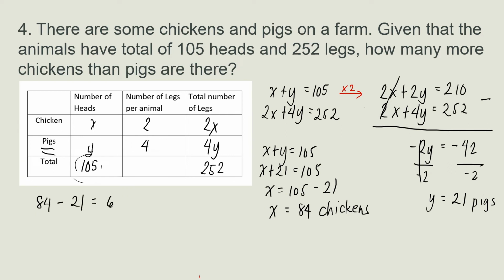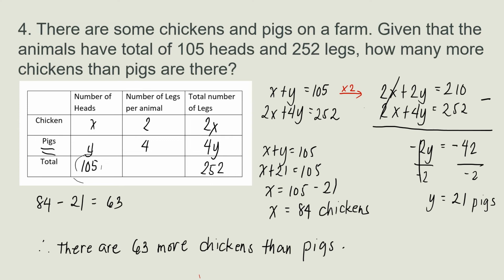That is 63. So our final answer is that there are 63 more chickens than pigs.